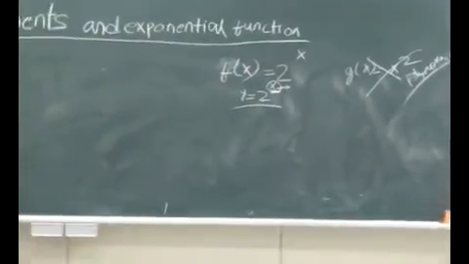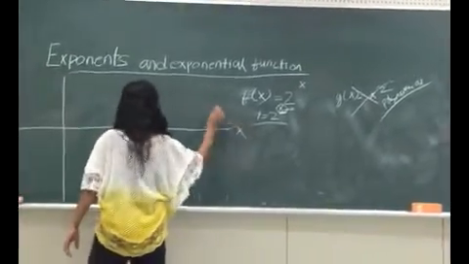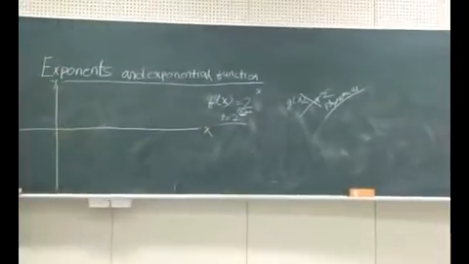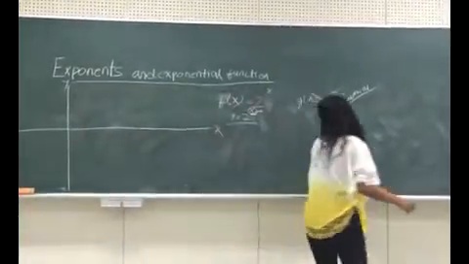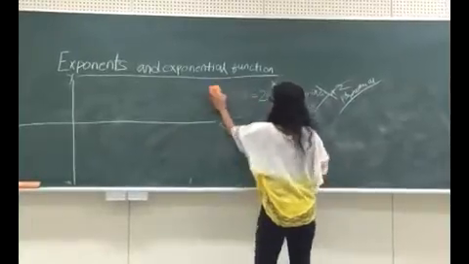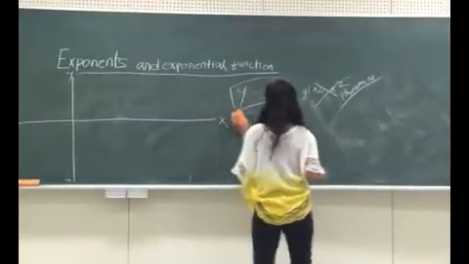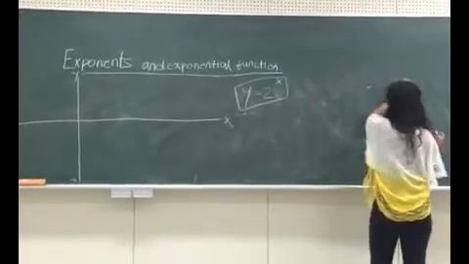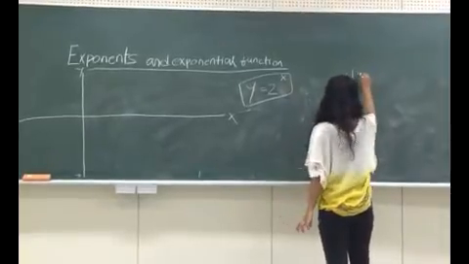How might it look like? This is x and y. By taking this function, y is equal to 2 to the power x, we will try to find out how an exponential function looks. So let's try to derive the table.